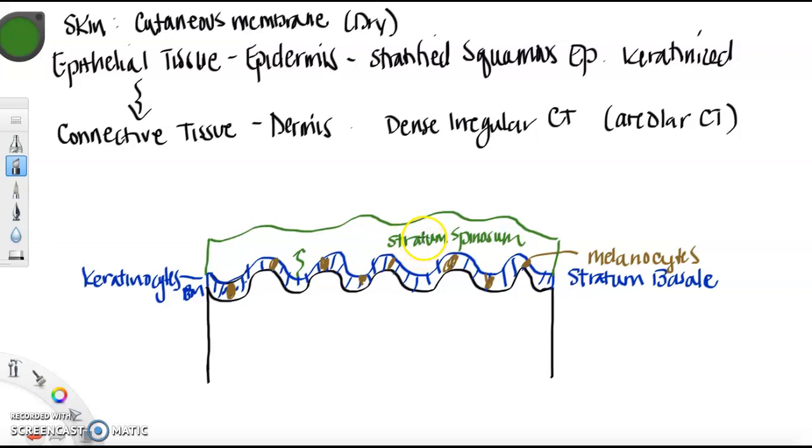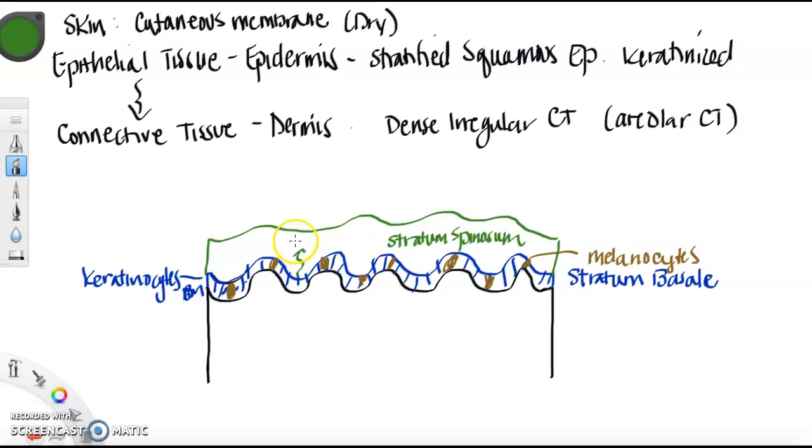These are keratinocytes, and over the course of moving up, they're going to get more and more full of keratin. Keratin is a protein. It's the protein that makes our skin hard, and hard meaning just protective.